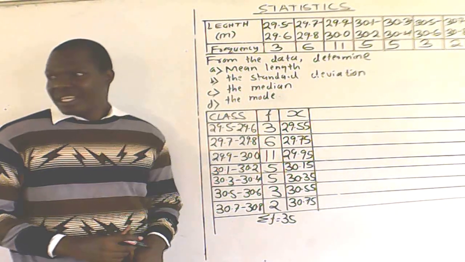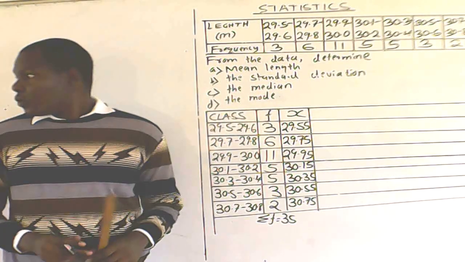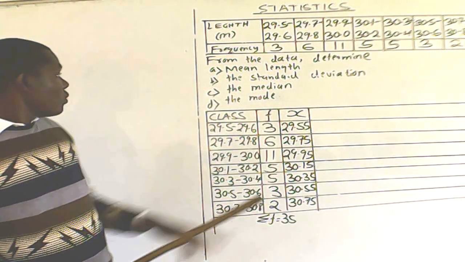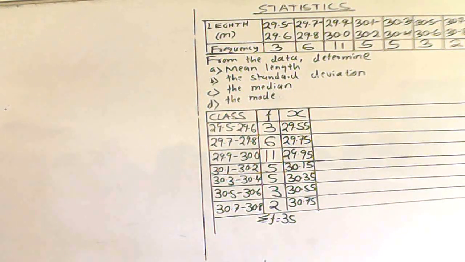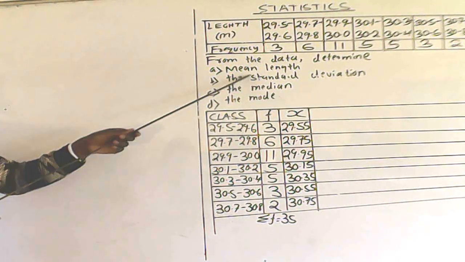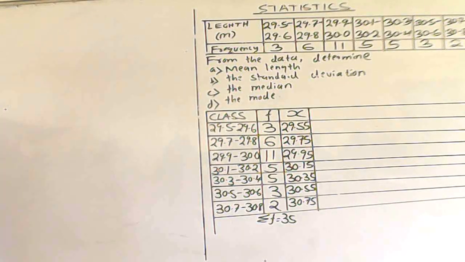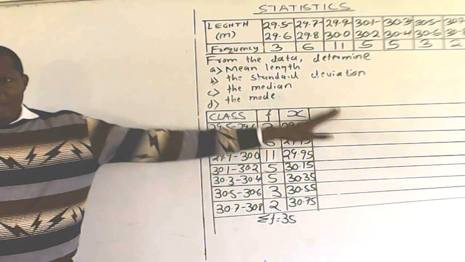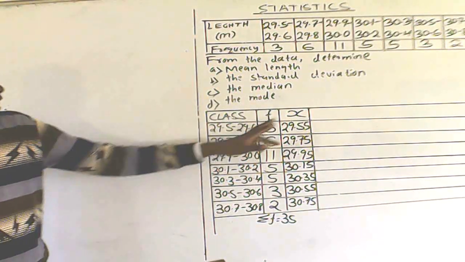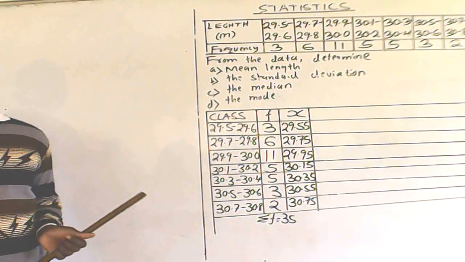So we are going to look for the mean, the standard deviation, the median and the mode. If you're looking for the mean, we sum up all the data values and the number of times they appear, and then we divide by the total number.